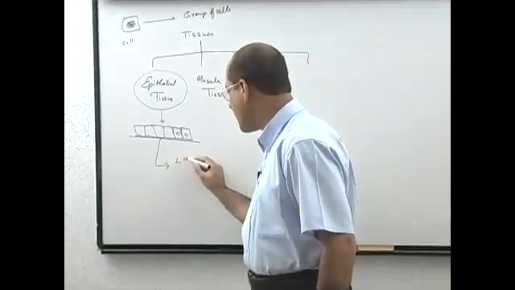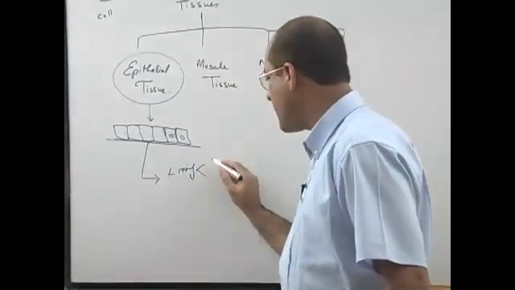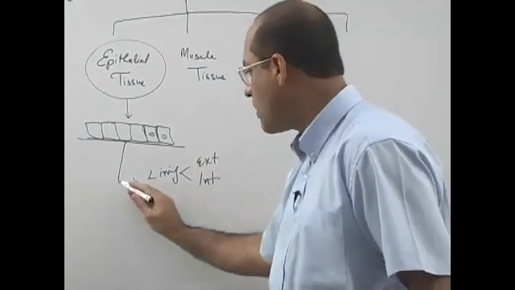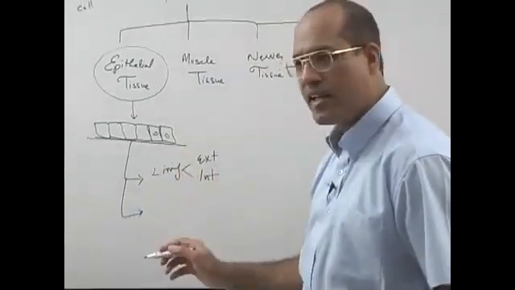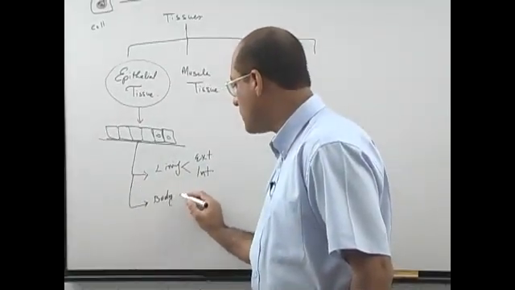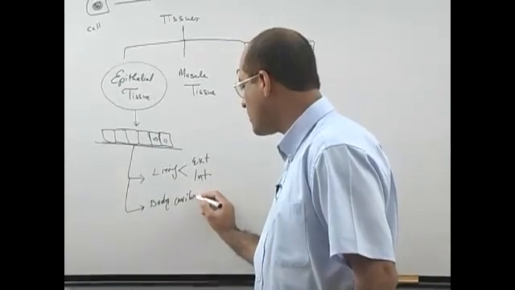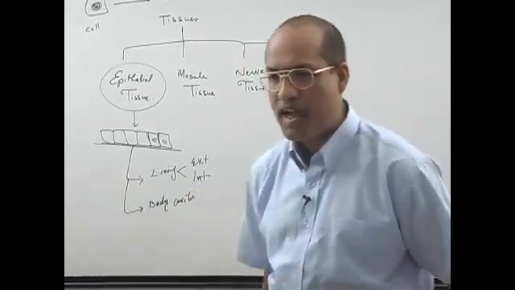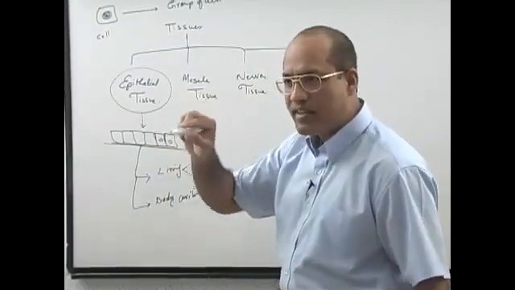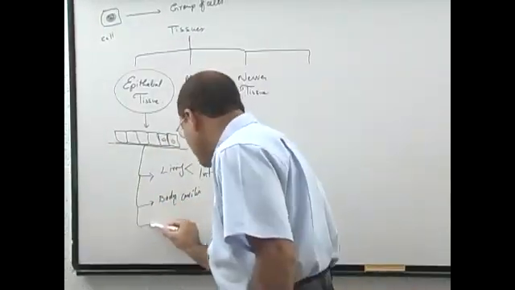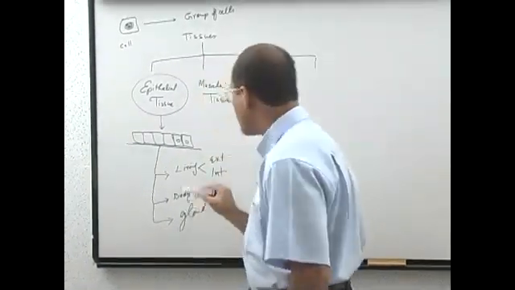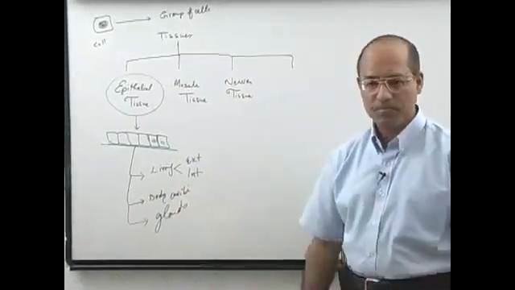They make the basic linings in the body. Linings may be external surface lining, yes, internal surface lining, plus epithelial cells also line the body cavities. Body cavities. There's the abdominal cavity. It is all lined by epithelial tissue. And then some epithelial cells make specialized structures called glands. Right? So this is one tissue, epithelial tissue.